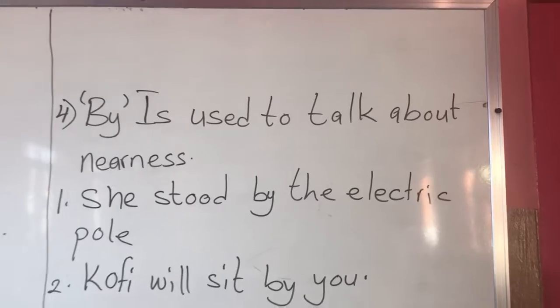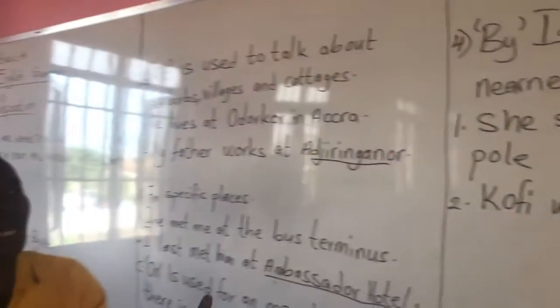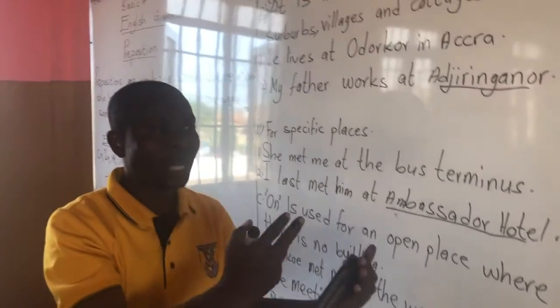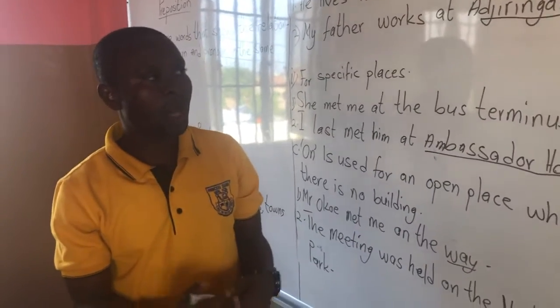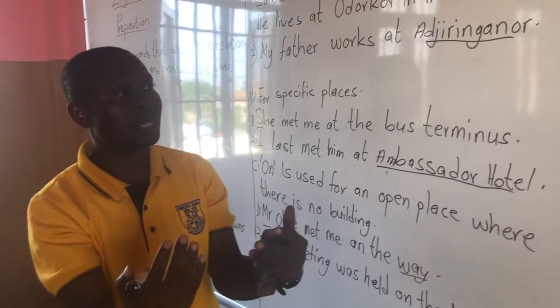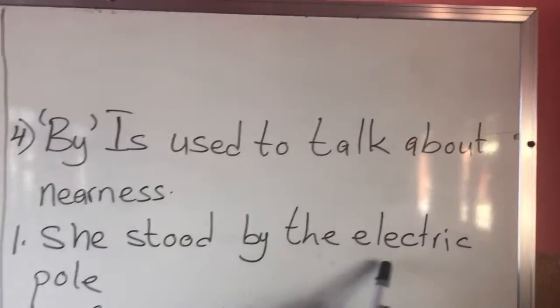By is used to talk about nearness, how close something is to something, or how close a noun is to another noun. For example, she stood by the electric pole.